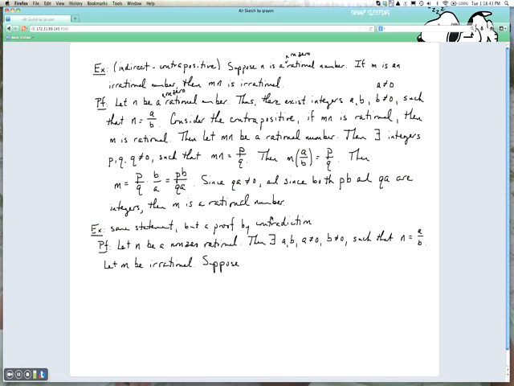Now, here's the imaginary part. Suppose, or not imaginary like an imaginary number, but let's pretend for a moment. Suppose Mn is rational.